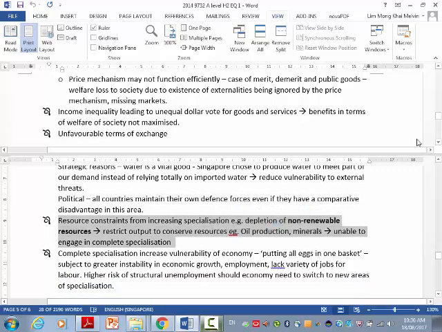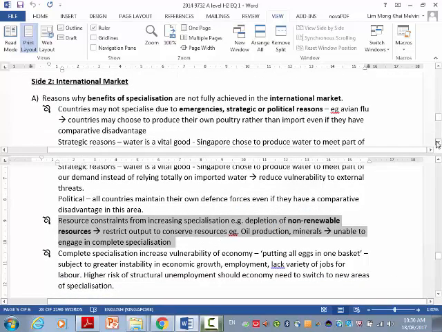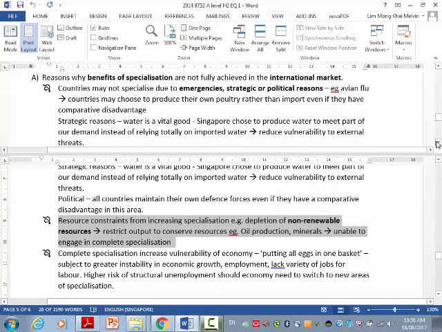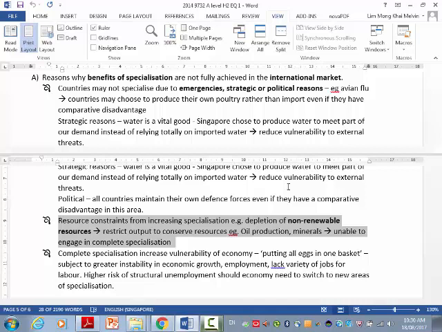Another reason why benefits of specialization may not be fully realized or achieved in the international market is because of resource constraint. You may be at a point of depletion of your non-renewable resources. So if you are near there already, then you may not want to fully specialize, or you may have other reasons why you don't want to fully specialize.